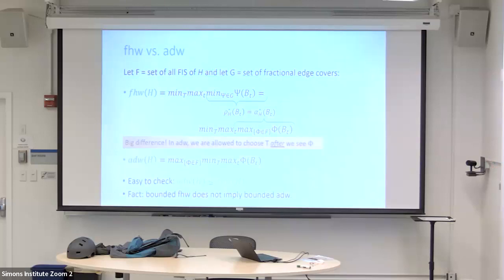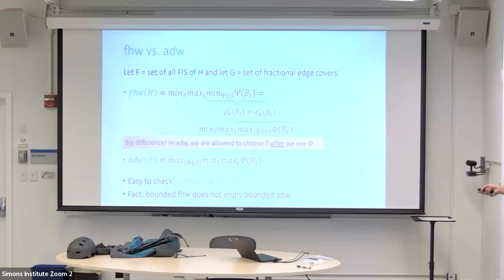The crux of the adaptive width is, in a sense, that in fractional hypertree width we want to find one good tree decomposition which is good for every fractional independent set.